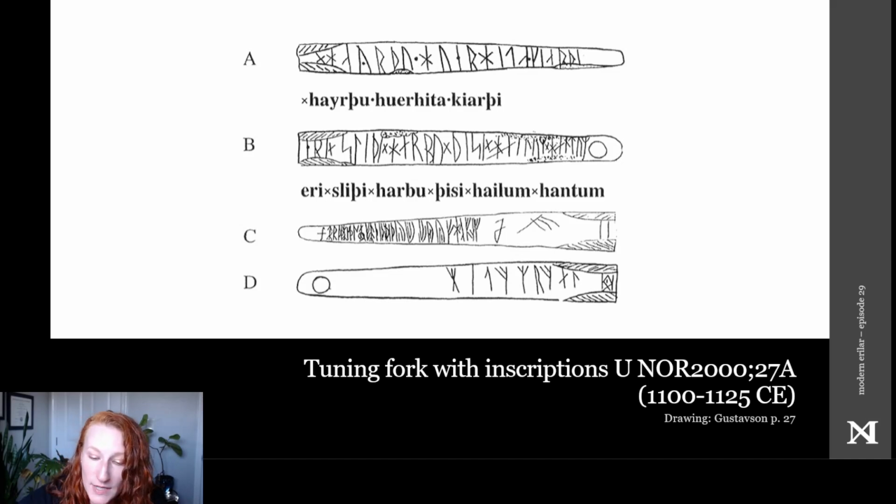So these are 4 sides of the same 4-sided implement. And we know that not all rune writers always used the same division marks. The prolific Upplandic runestone carver Uppir used either a single dot or a small vertical stroke.